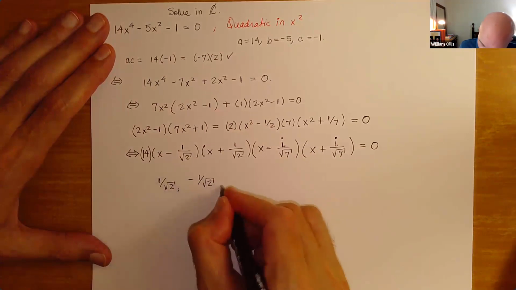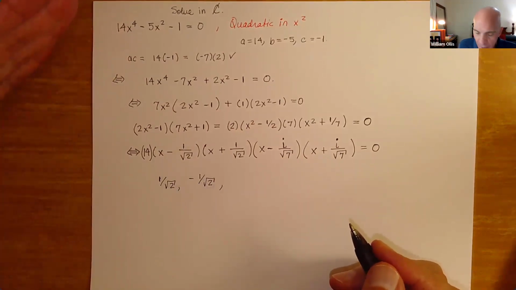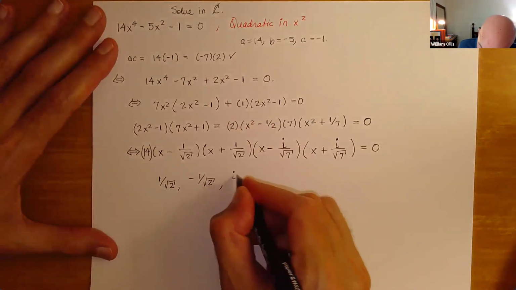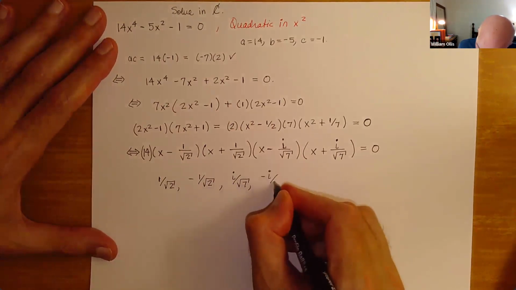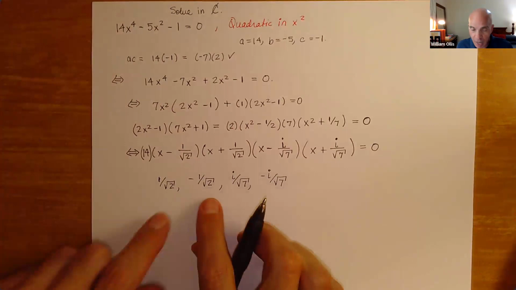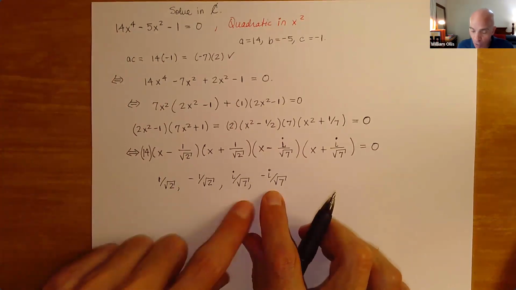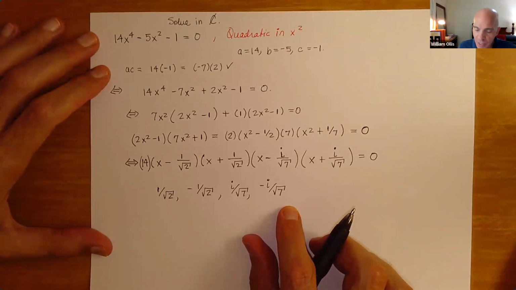You don't have to worry about rationalizing these unless you're just asked to in the homework. But if not, don't worry about it. And then you have I over root 7, and then negative I over root 7. So these two would constitute just the real solutions, and then all four together would constitute all four solutions.